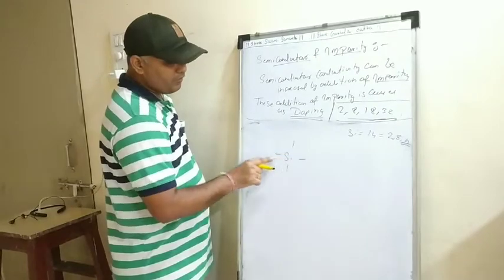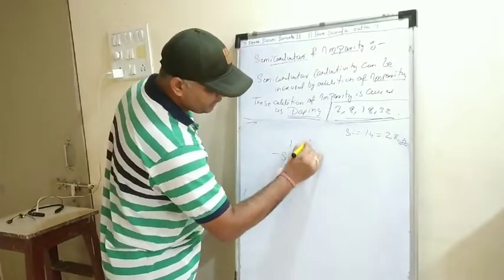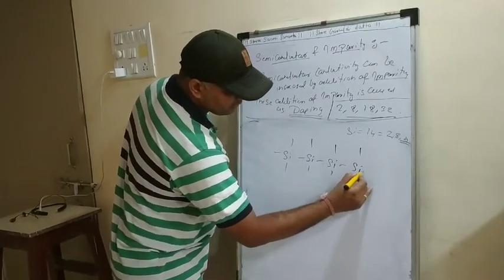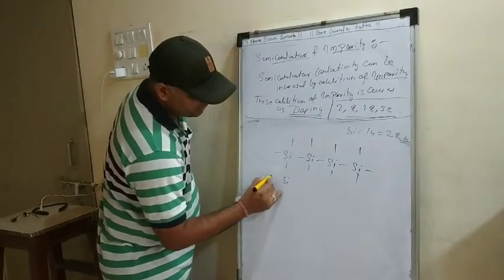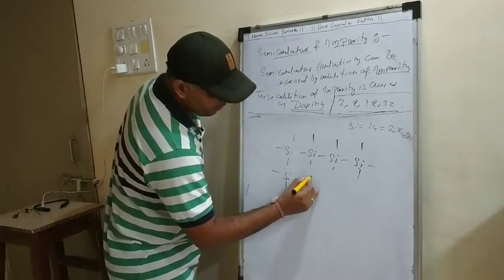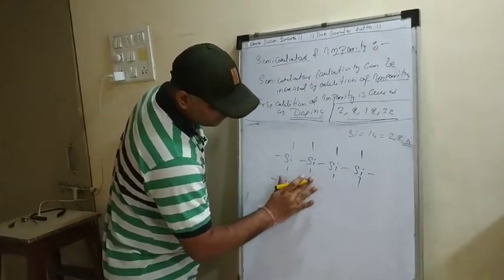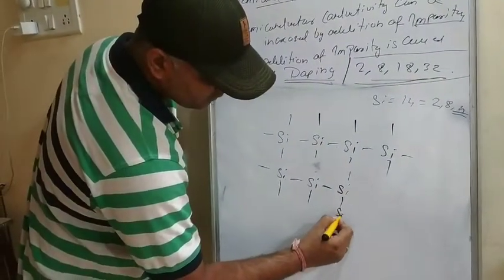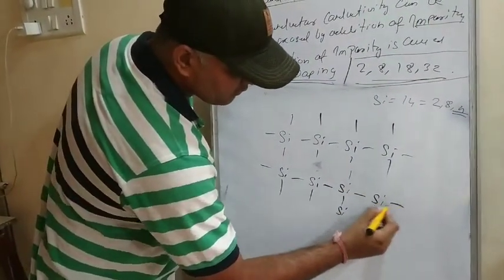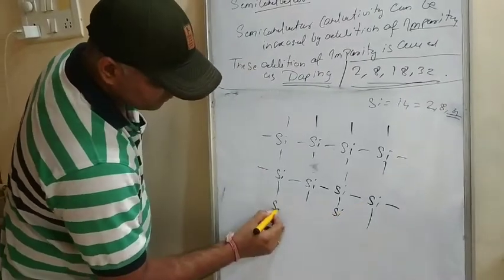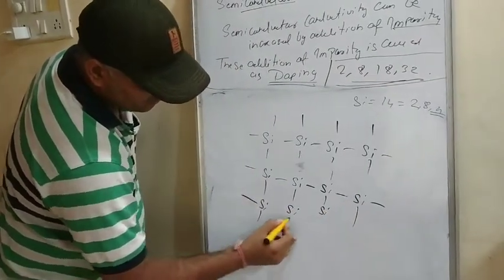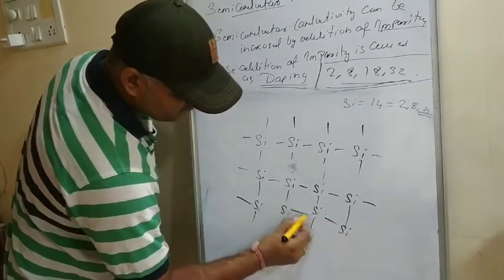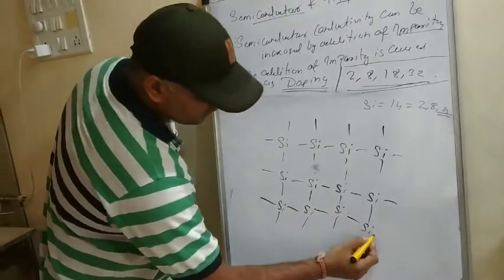So one silicon is forming 4 bonds. Similarly, you will see other silicons also forming the same kind of bond, right?